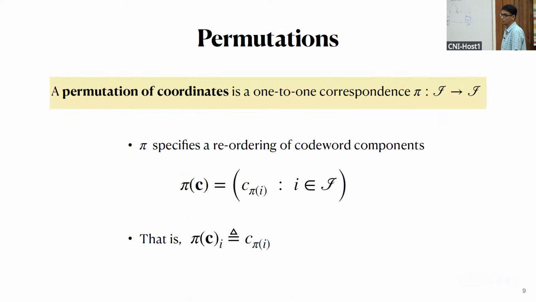Now what I want to do is permute. So you give me an m-dimensional array. Think of this as consisting of binary digits populated within these small boxes in this m-dimensional array. I want to shift their positions, jumble them up, permute them. So how do you want to do it? You have to start with a one-to-one correspondence from the index set to itself. The index set could be anything.